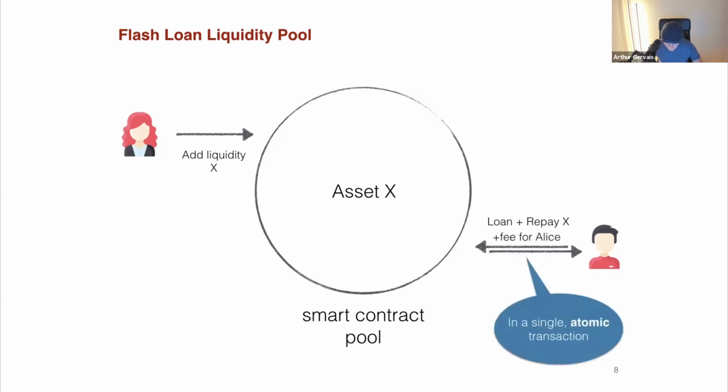And then you have another user who can take out a loan, but has to repay that loan plus an interest paid to Alice, all within a single atomic transaction. Now, the cool thing is, because this is a fairly simple liquidity pool, most exchanges and lending platforms add this functionality to their contract because it can offer additional interest to their liquidity providers.